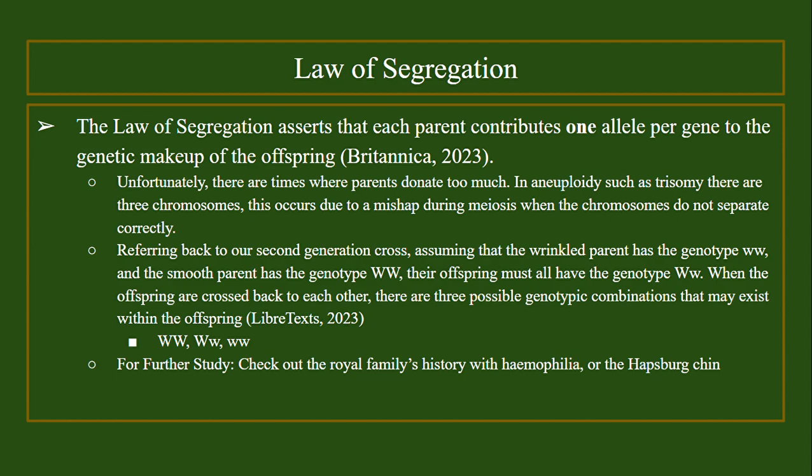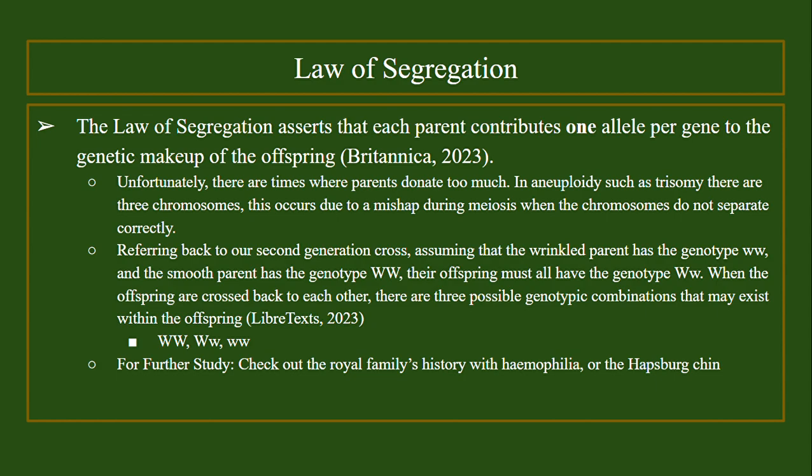Only one, no more. When the offspring are crossed back to each other, that big W, little w, when two of those are crossed together, their offspring have three possible genotypic combinations: big W big W, big W little w, or little w little w.